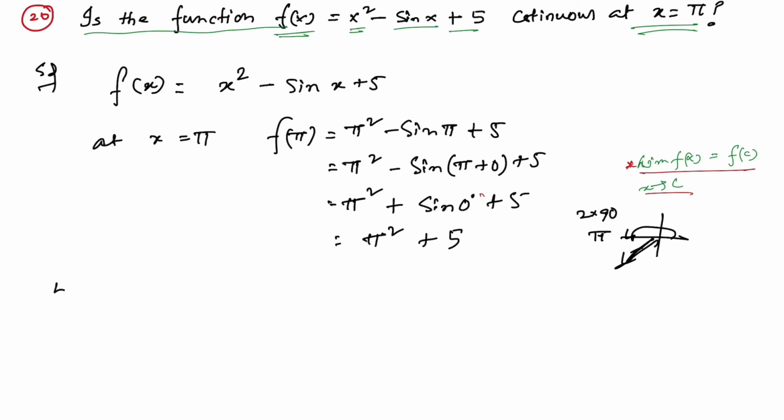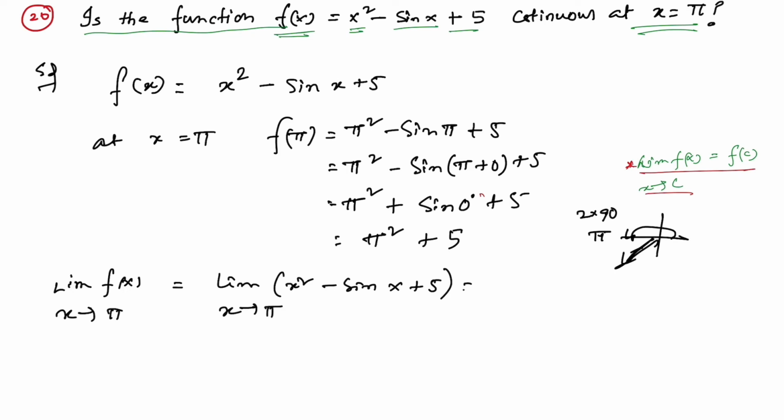Limit of this function. So the limit of f of x as x tends to pi is equal to the limit of x square minus sin x plus 5 as x tends to pi. If you replace x by pi, then again you will get pi square minus sin pi plus 5, which is again pi square plus 5.